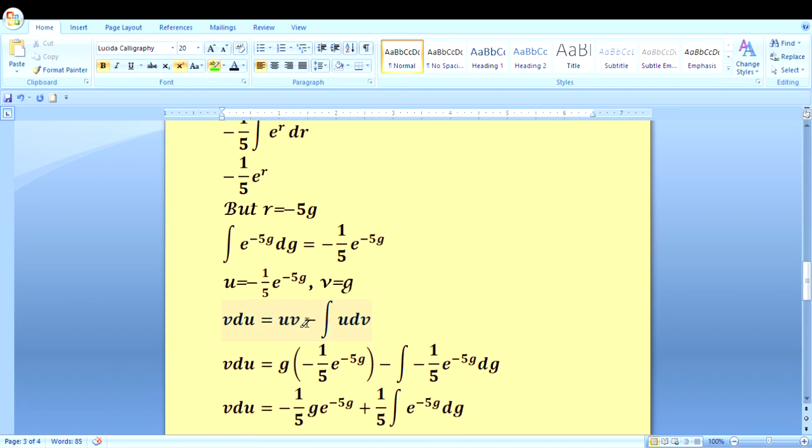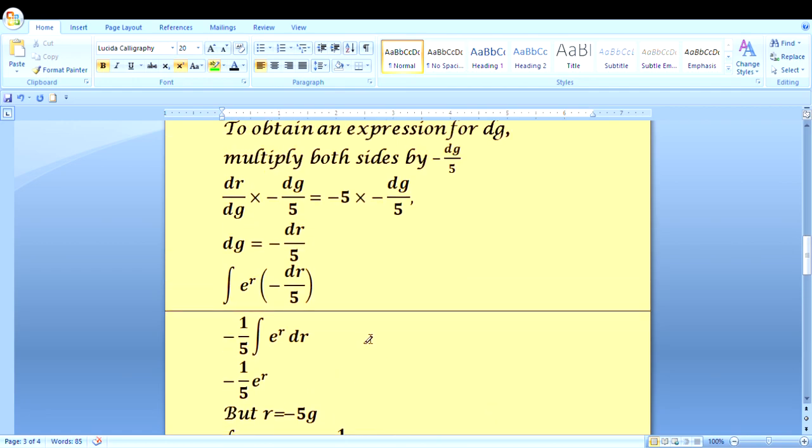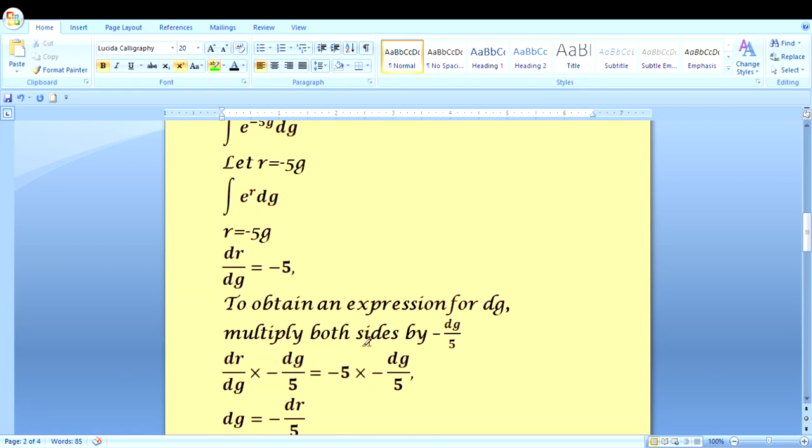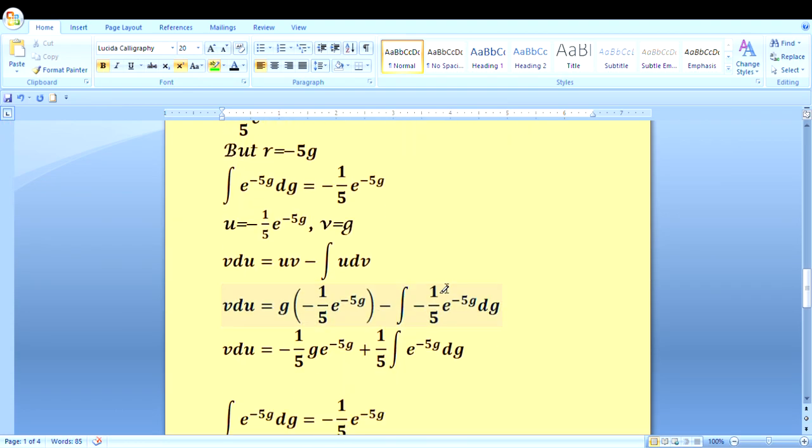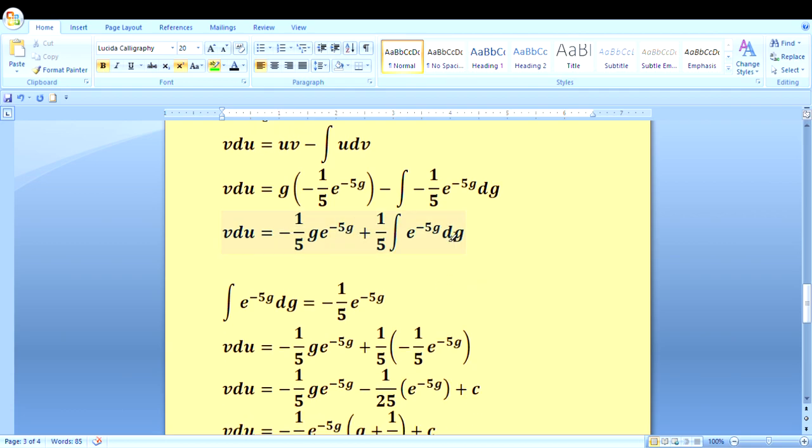So our v is g and u is minus 1 over 5 exponential minus 5g, close bracket, minus integral on this, which is this integral, u is minus 1 over 5 exponential minus 5g, and the v is what we said. The v is equal to, we look at here clearly, the v is equal to the g, so we will substitute it here, and this will become the g.